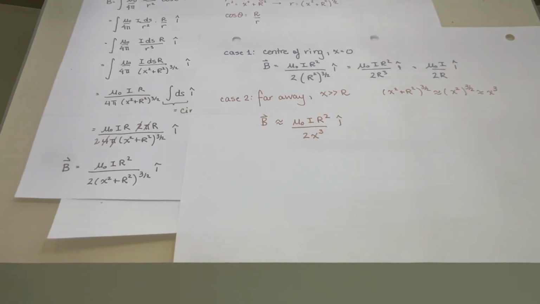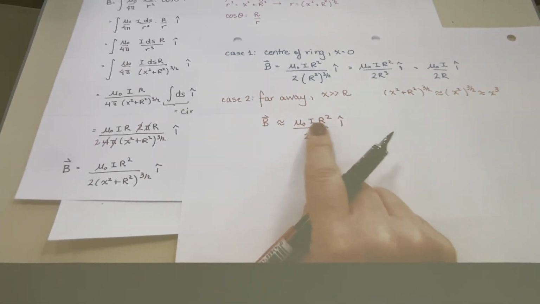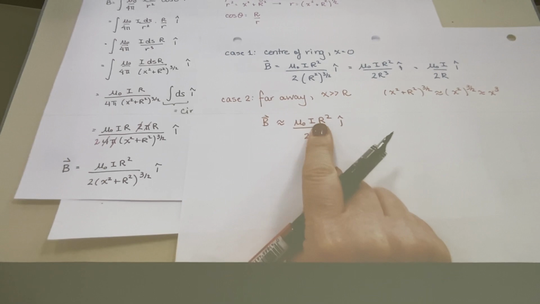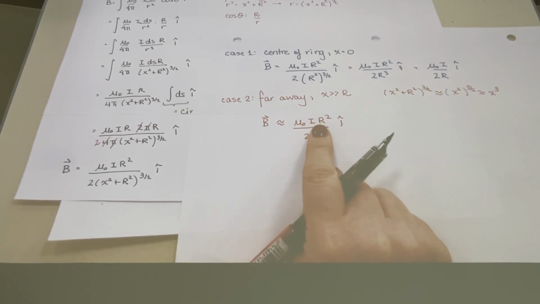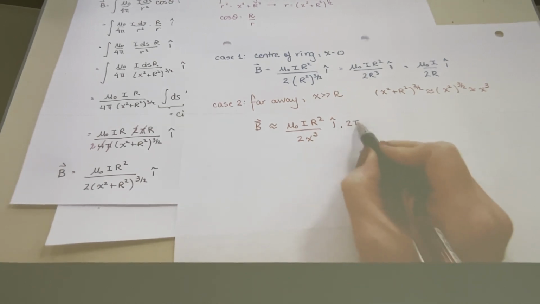With this I times r squared, this kind of gives me an idea. We defined magnetic moment as current times area, I times pi r squared. That makes me think about this. So I'm going to multiply the top and bottom of this equation by 2 pi.